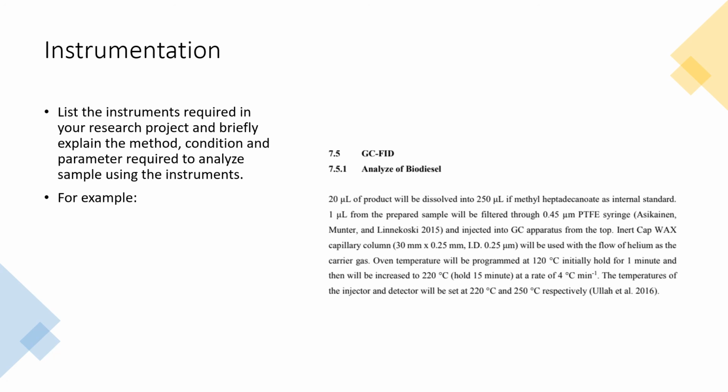Kena bagi tahu you pakai berapa banyak, you pakai kolom apa, temperature berapa, for how long the retention time running. This is the specific method you need for your instrument. So later, bila you dah nak sampai part for the analyze of biodiesel tu, you just go back to your proposal and refer to the method dekat bahagian instrument saja. Tak perlu you baca balik semua method you.